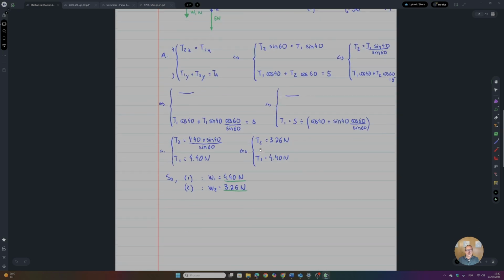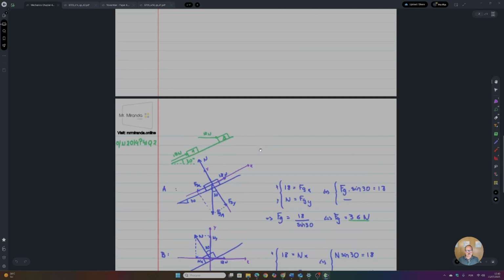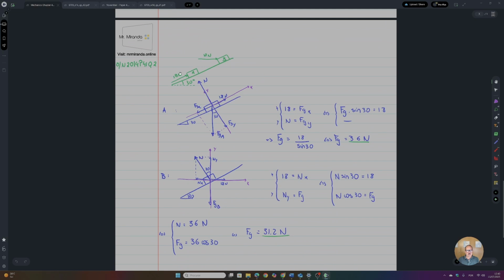Let's look at each one of these individually. Here in green, I have the same thing that the question was telling you. And here I divided this into two situations, A and B. What is happening over here? I've never liked the forces applied to objects represented the way they are over here.